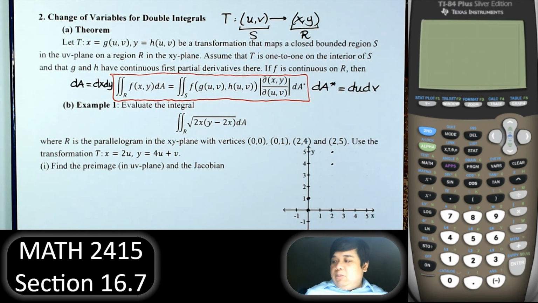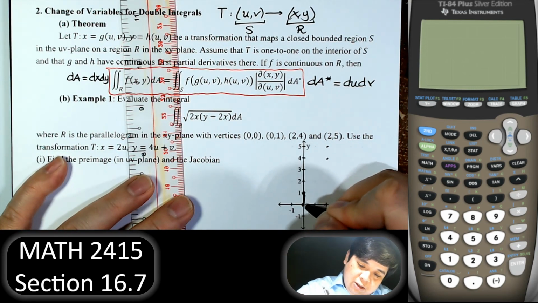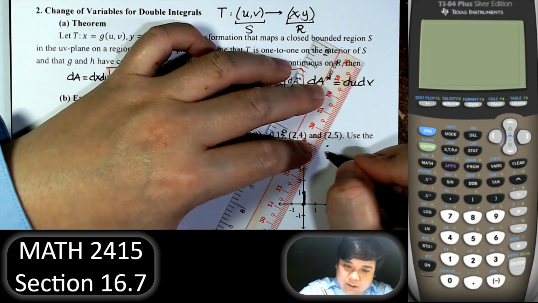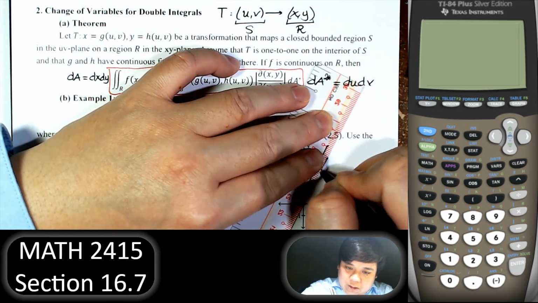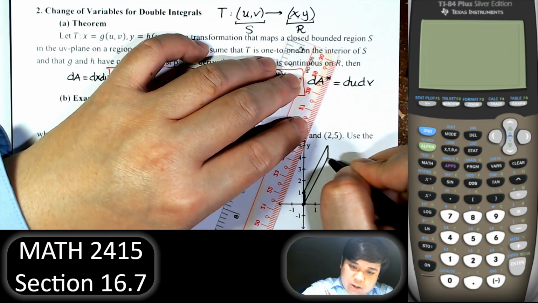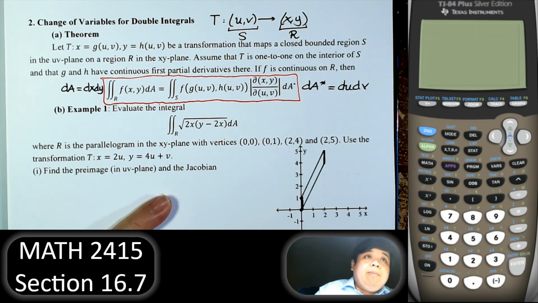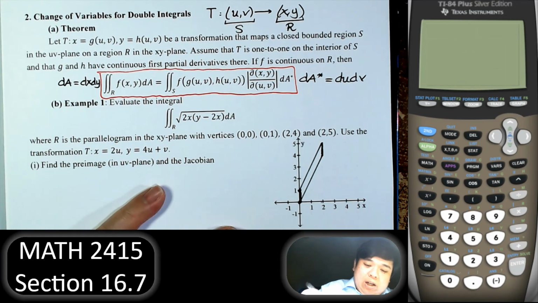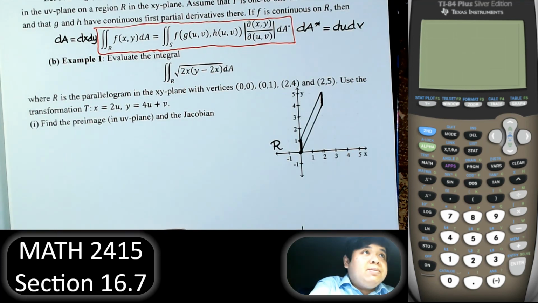So we talk about the parallelogram. And this is in xy, so this is R. Now the question is how to find the pre-image in the UV plane and the Jacobian.